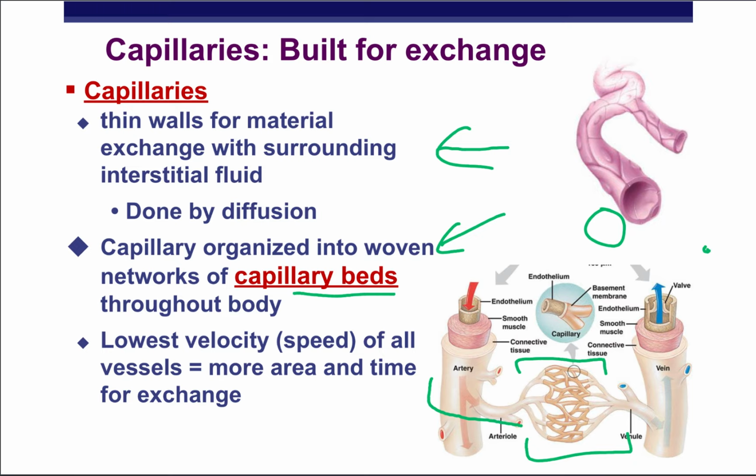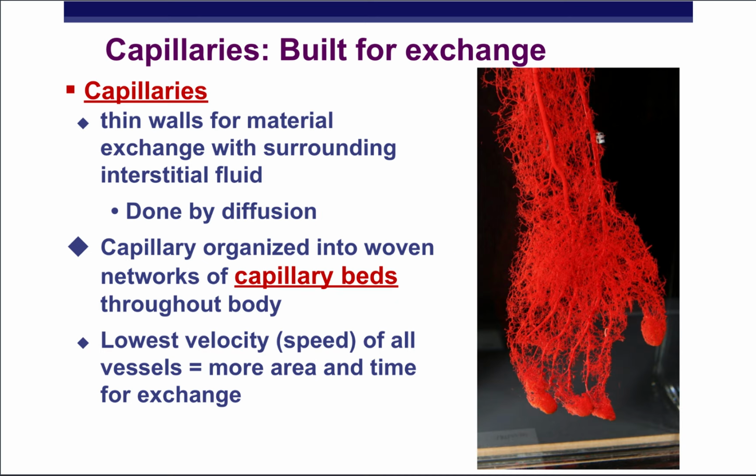So even if the pressure is strong in the capillary, the flow is always going to be slow because the tubes are so thin, and it's going to allow a lot of diffusion and movement and exchange of materials. Blood flow is slowed down significantly to provide more time, area, and space for all that exchange to happen.